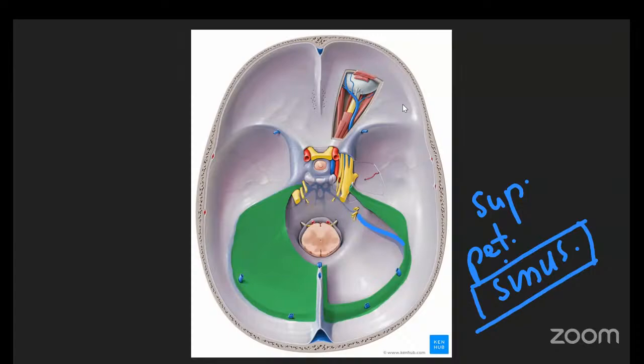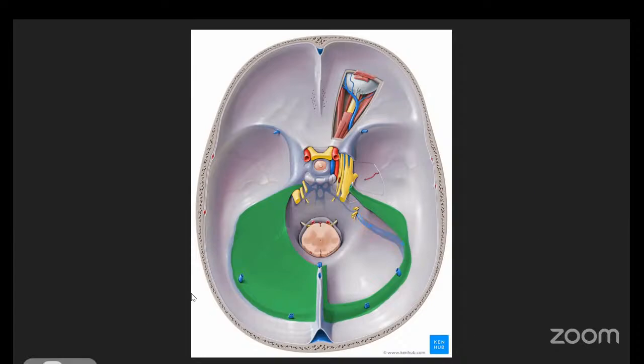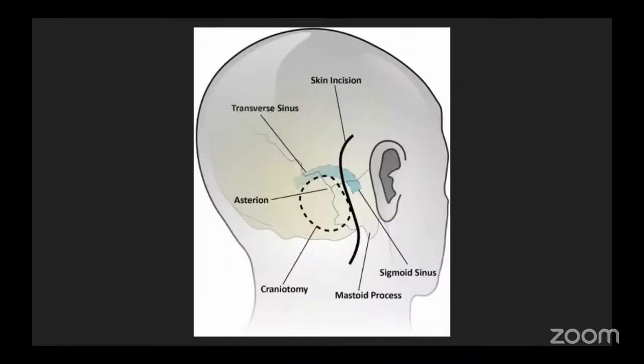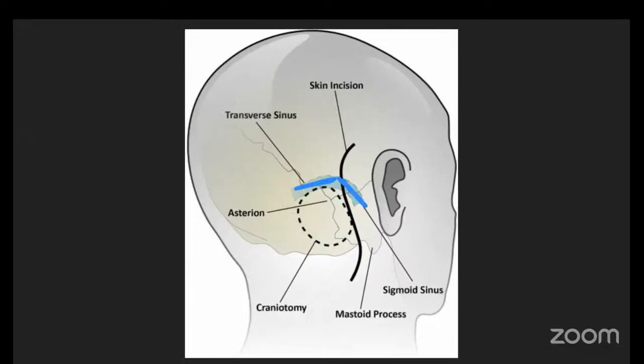Apart from this, I think the boundaries are pretty easy to understand. This image was here because we wanted to have a surgical orientation. When we are looking at the patient, the superior boundary of our surgical field is going to be the transverse sinus, and obviously the junction of the transverse and sigmoid sinus.